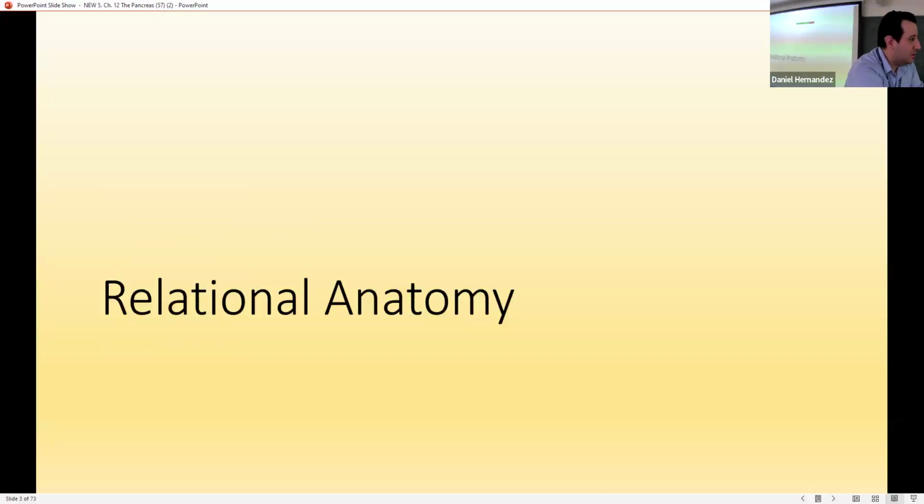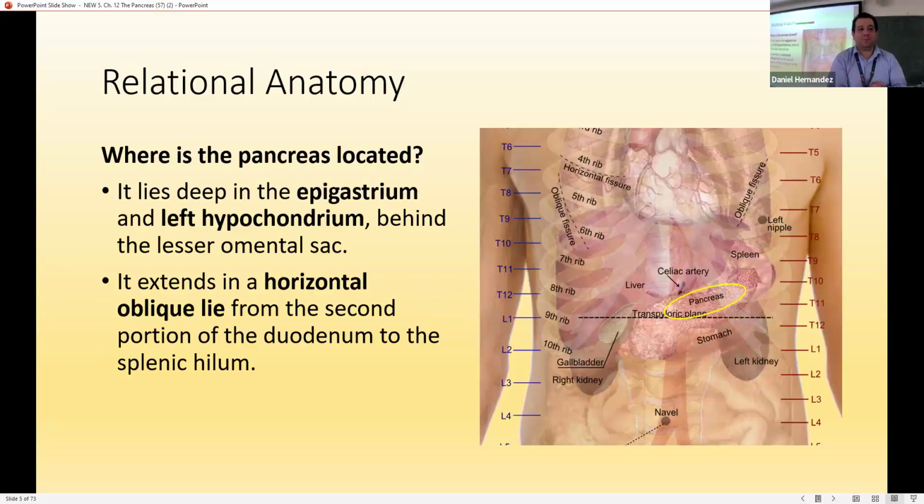So I'm just going to cover some of the pancreatic slides, going quickly through some of the relational anatomy. In terms of where the pancreas is located, you have to understand the lie of the pancreas: the head is more anterior and sits in the C loop of the duodenum.